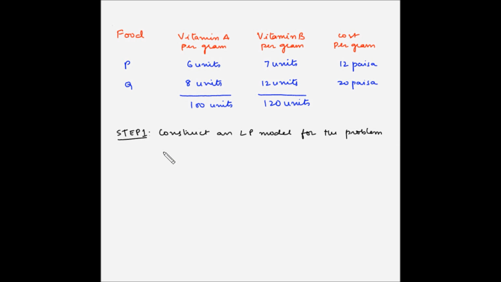So in this example, we have to find out the quantity of P and Q. So let's consider X1 as the quantity of food P in grams, and X2 as the quantity of food Q in grams.